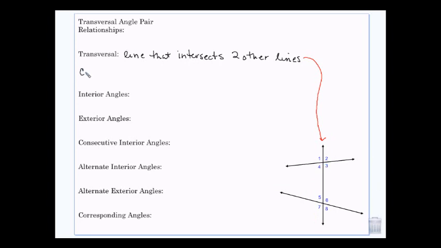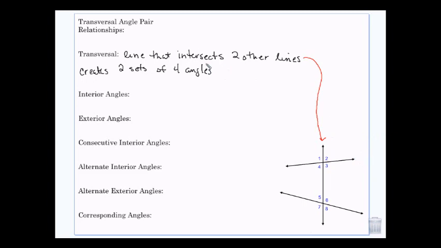And it creates two sets of 4 angles. So I have 4 angles here and 4 angles here. And these angles have relationships with each other.